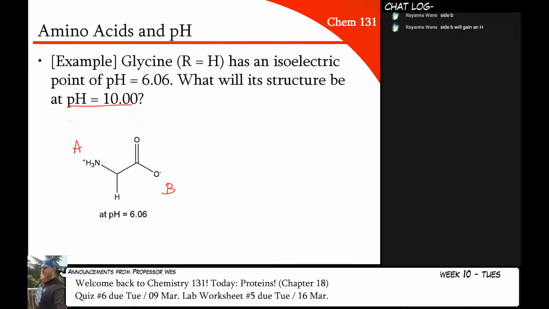Instead of having H plus everywhere, now we have OH minus everywhere. And so there you go.